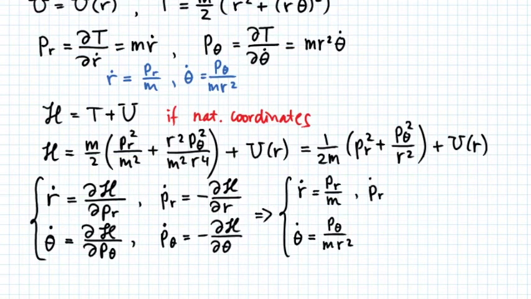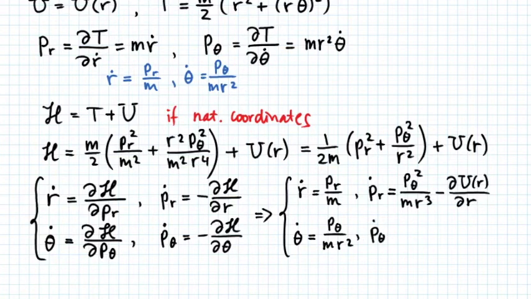P sub r dot, here we have 2 terms on the right hand side, p theta squared divided by m r to the 3rd power minus the partial derivative of U of r with respect to r. And for p theta dot, we have 0.